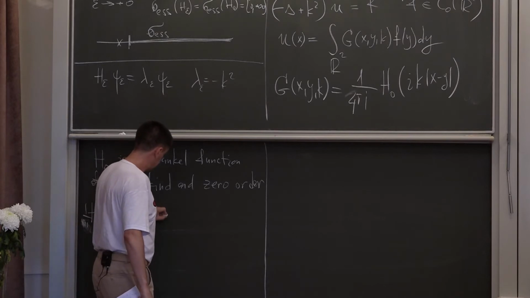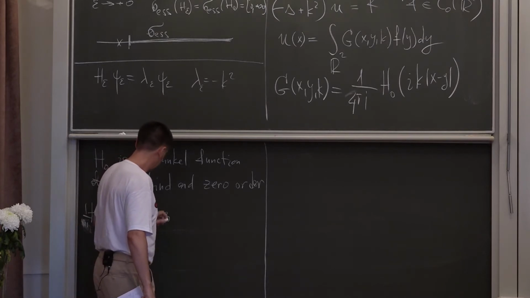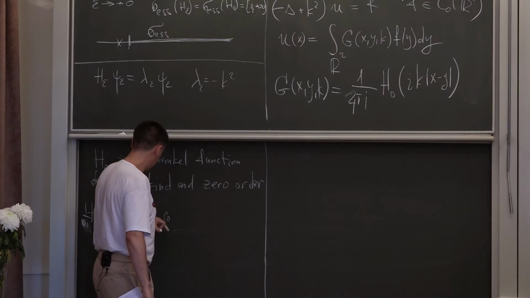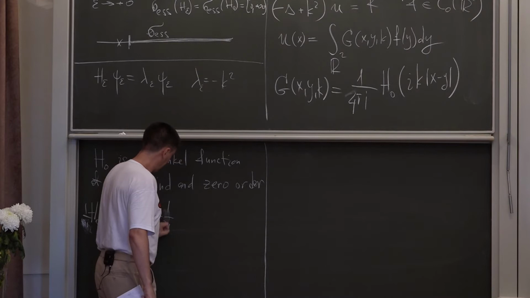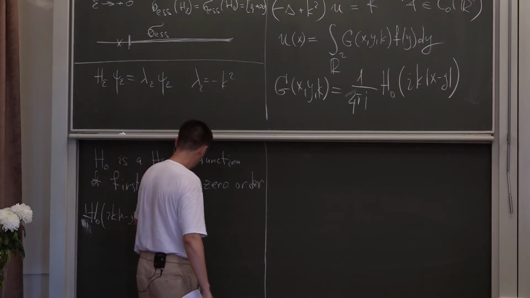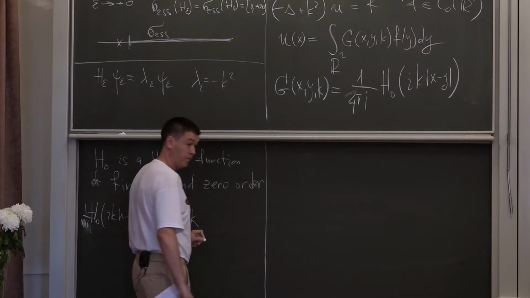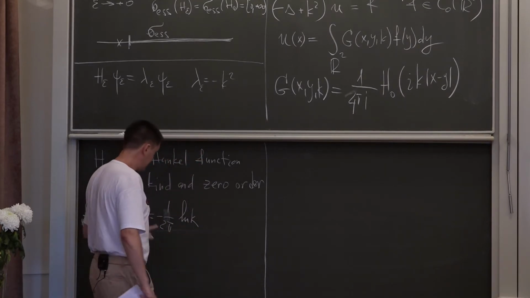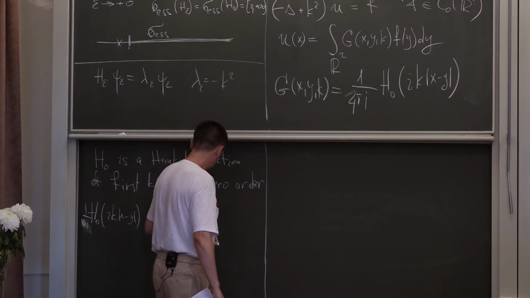It has some constant, C0, it doesn't matter how it looks, but by the way, it should be 1 over 2 pi, right? Logarithm of k near 0, plus something.